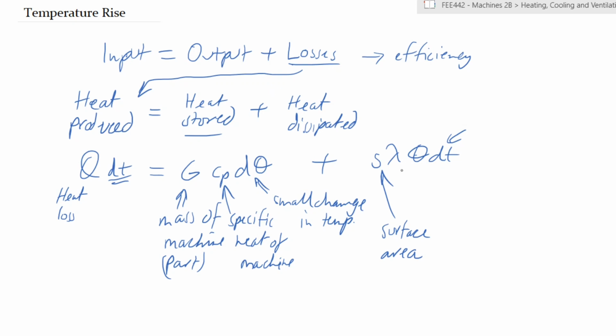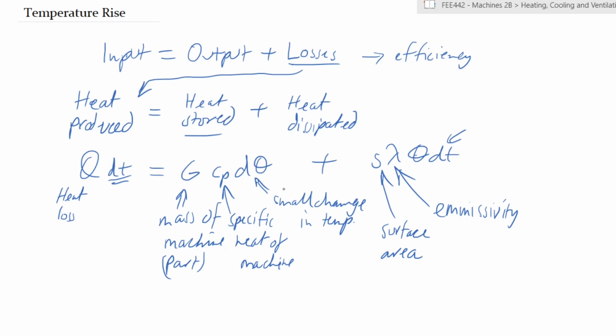Likewise, lambda is the emissivity of that surface area. So when you have a certain area, the outside surface, for example, how much of the heat that is at that point can be released into the surrounding environment, and at what rate can it be released? And that is your emissivity.